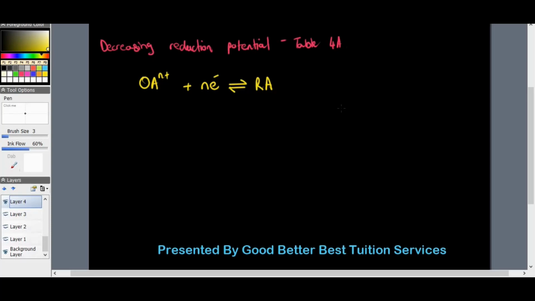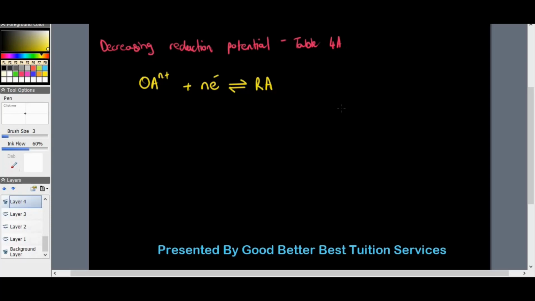But table 4A is the decreasing reduction potential table, meaning that the strongest reducing agent is at the bottom, and the strongest oxidizing agent is at the top. Okay, that's how it's written.